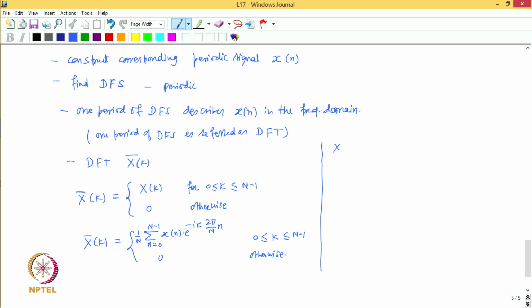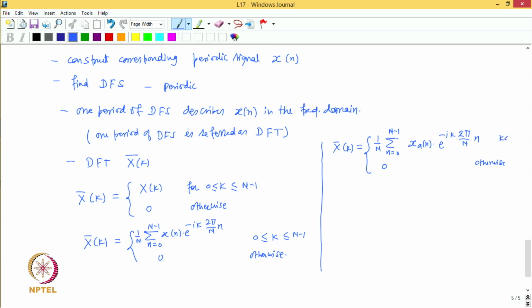So, we can also write this expression as x bar k is equal to 1 by N summation n equal to 0 to N minus 1 of x_a[n] e to the power minus i k 2 pi by N, and this is equal to 0 otherwise.